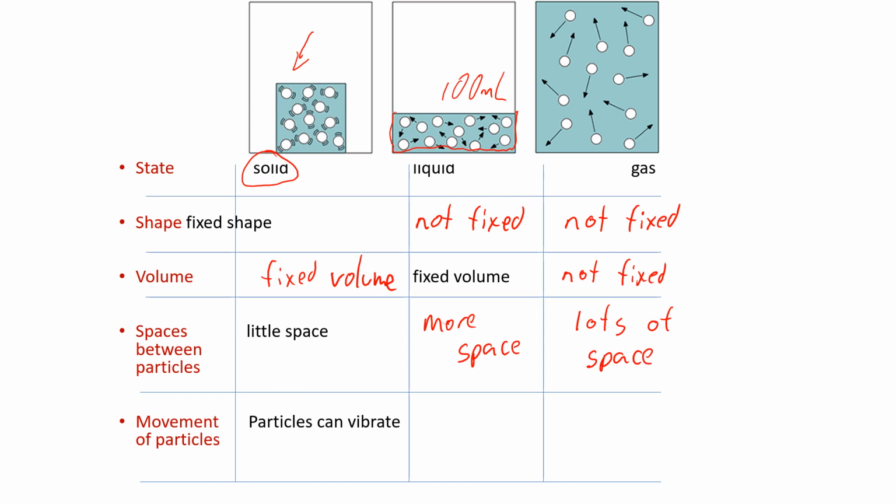Now, in solids, the particles are kind of just vibrating away there. And in liquids, particles are moving. And here, the particles are also moving, and they're moving a lot.